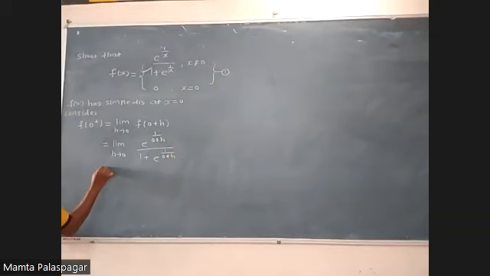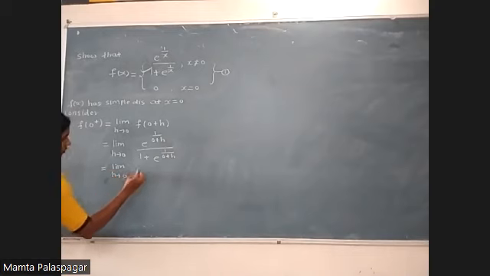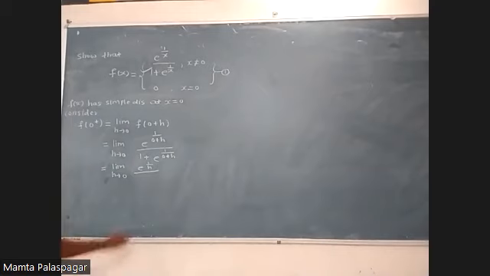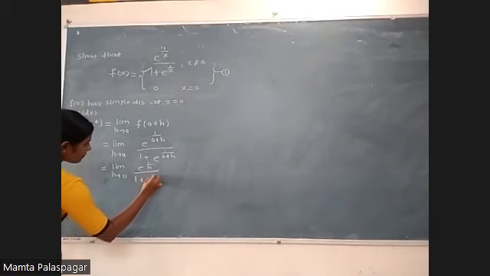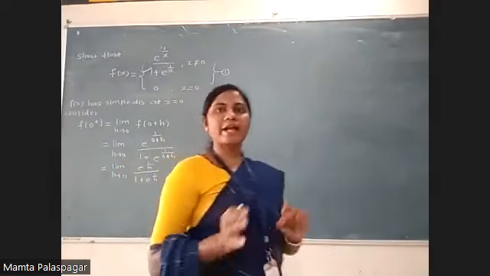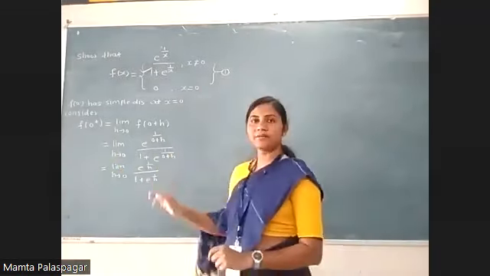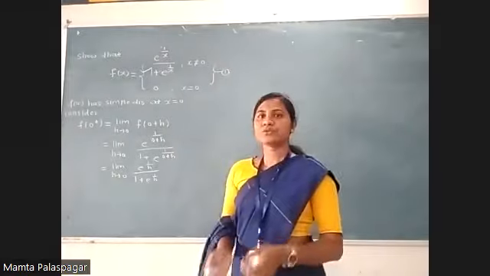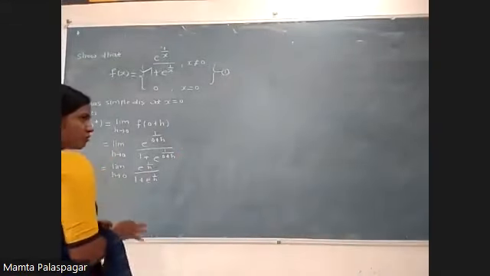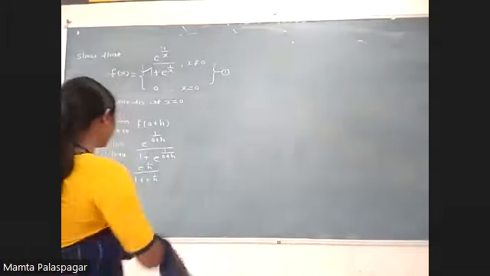Okay, now in the next step, limit h tending to 0 of e to the power 1 upon h divided by 1 plus e to the power 1 upon h. Now see here, in numerator and denominator, we have the same term e to the power 1 upon h. So in the next step, we divide numerator and denominator by the term e to the power 1 upon h.